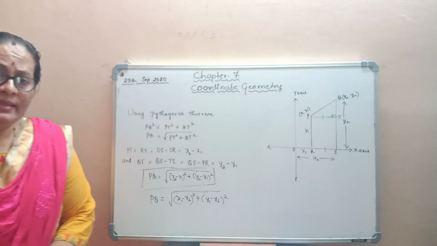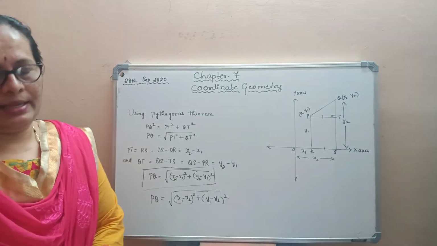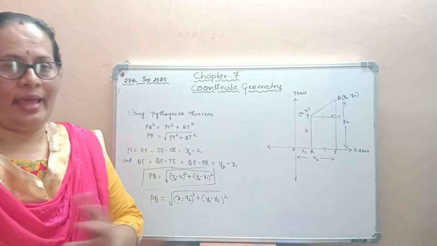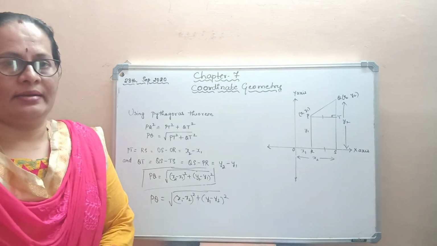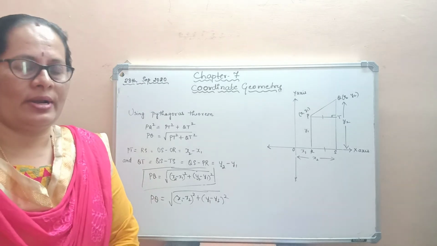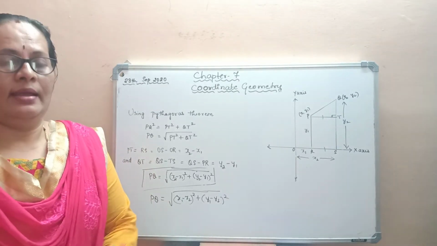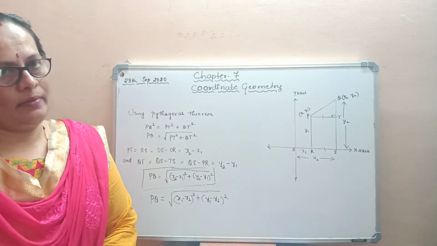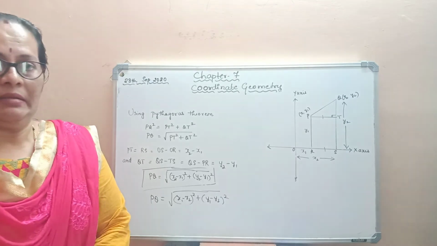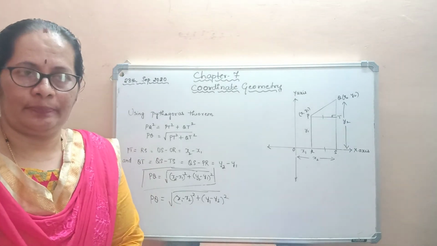Now, using this distance formula, we can find the sides of the triangle, the sides of the quadrilateral, what type of triangle it is, whether equilateral, isosceles or scalene, and what type of quadrilateral it is. If all four sides are equal and the diagonals are equal, it is a square. If only the four sides are equal, diagonals not equal, it is a rhombus.